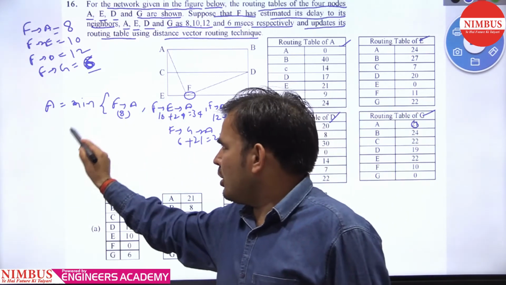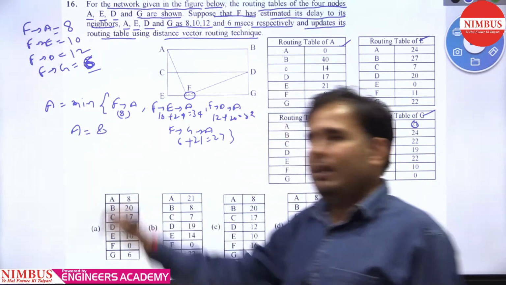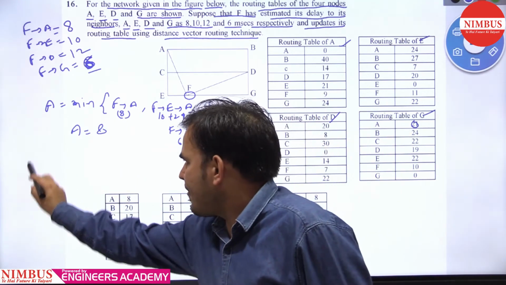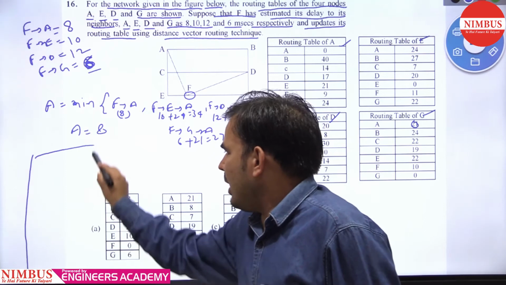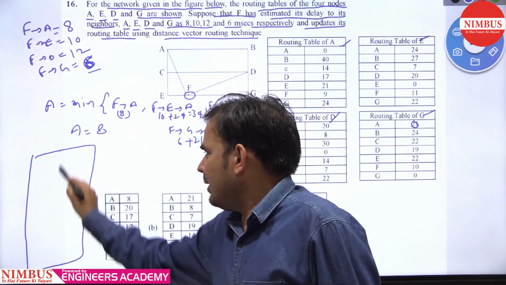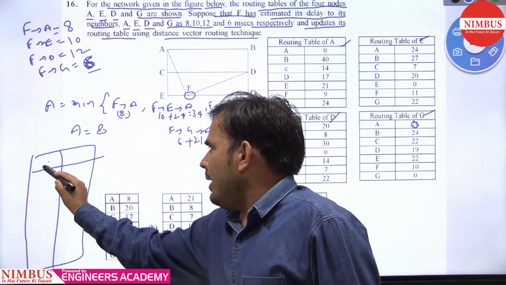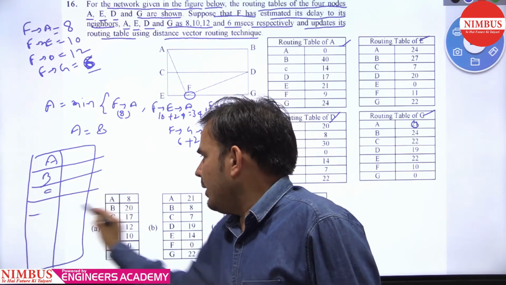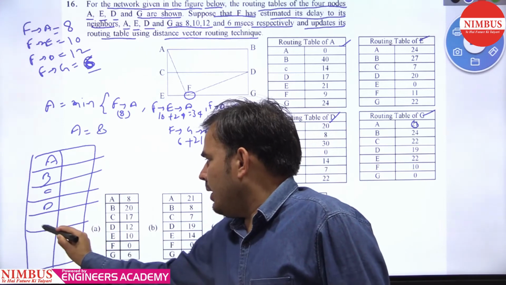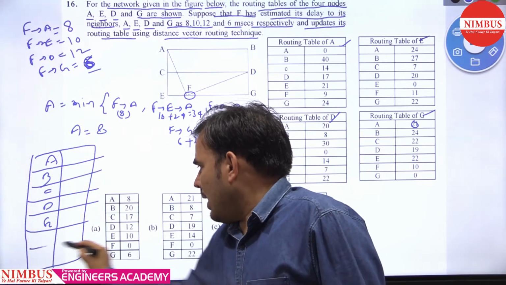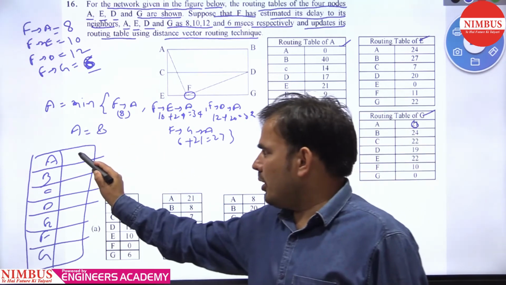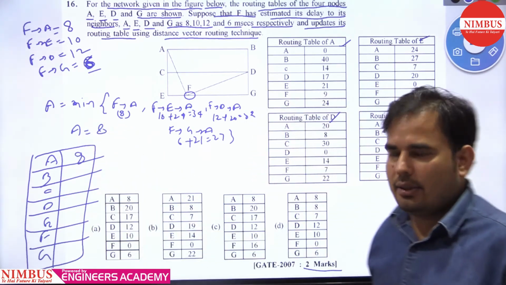A equals 8. So the routing table for F is this: here A, B, C, D, E, F and G. We calculated A as 8, so we fill in 8.